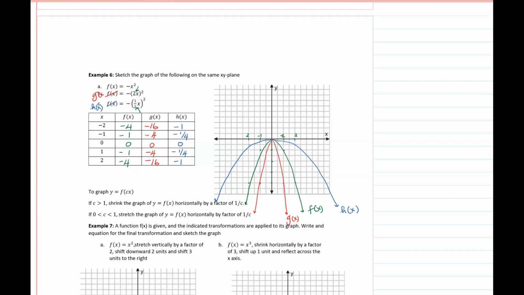So here we have the graph of f of x, g of x, and e to the x.